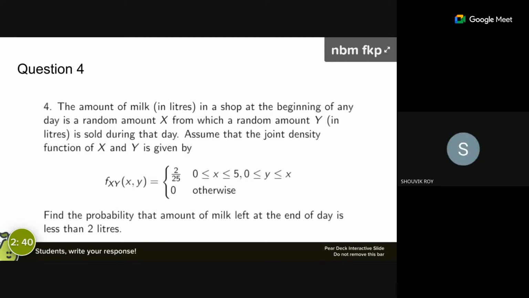Support I think is 2. Support is not 2. Support is the set of all the values of x comma y. Here the support is not the area. Support is never an area.